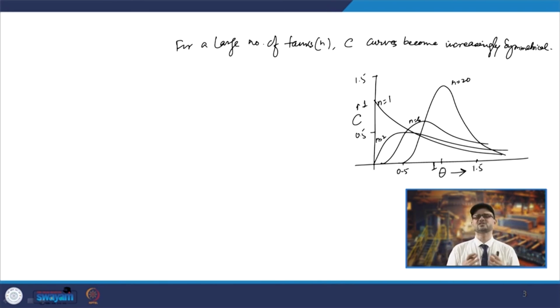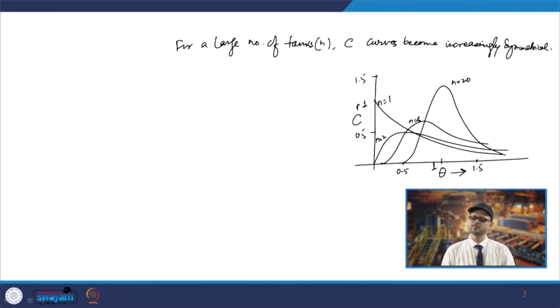Both the tanks in series model, as well as the dispersion models that we have studied, give the expression for C, depending upon the values of the dispersion numbers, D by UL and so on. If you compare, both these models give rise to a similar type of curve, that is the C curve.